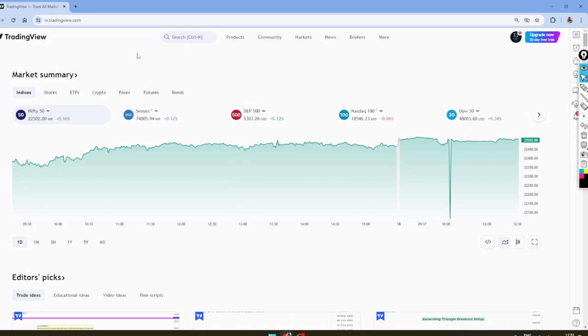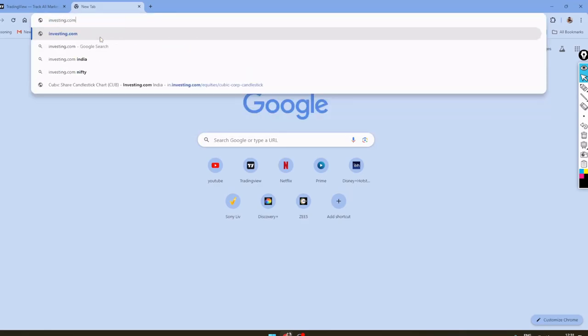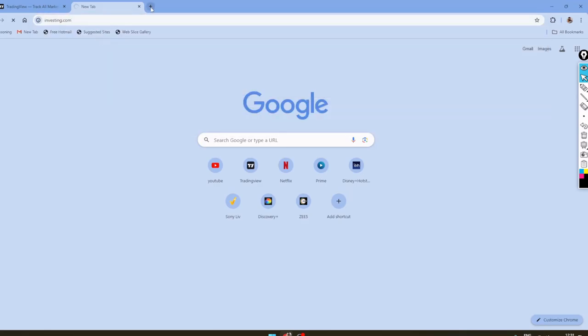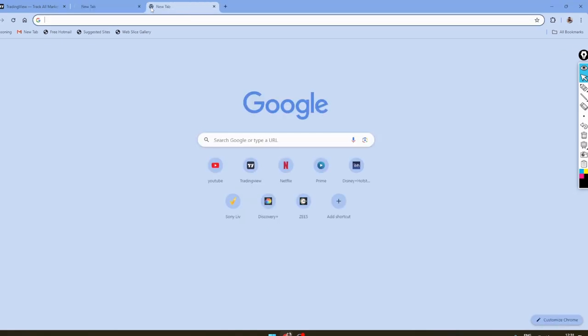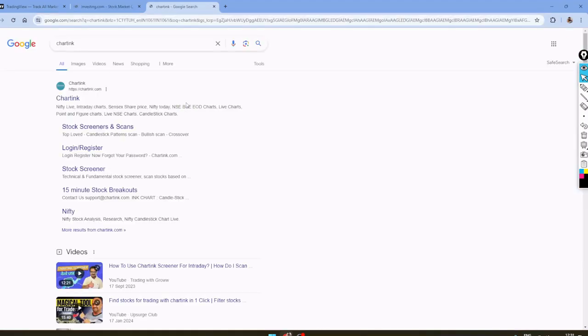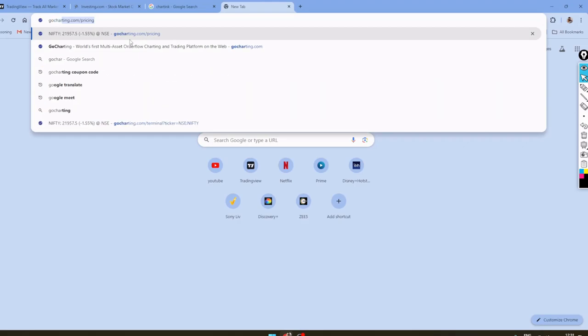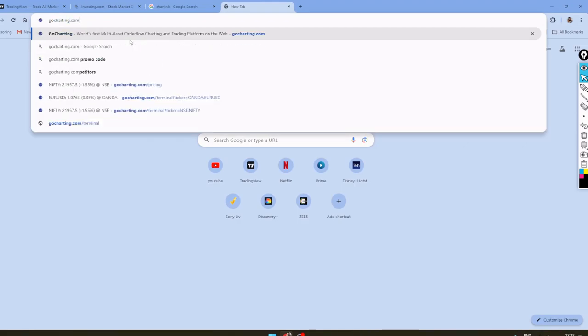Now, what you need to understand here is, just like tradingview.com, there are so many websites available. For example, investing.com is one more website. And there are applications called Chart Inc. and Go Charting. These are charting platforms.